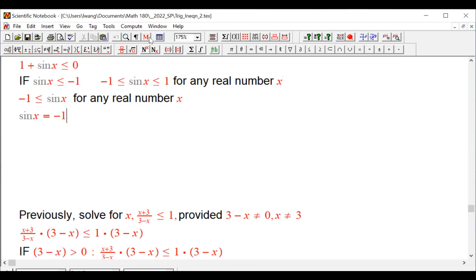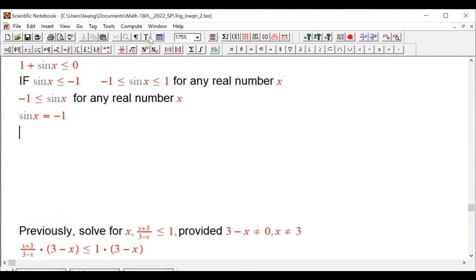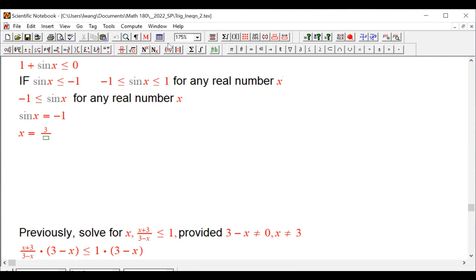So what will be the solution to that? The solution would be x equals 3 pi over 2, I'm sorry, 3 pi over 2 plus 2k pi, where k is any integer.